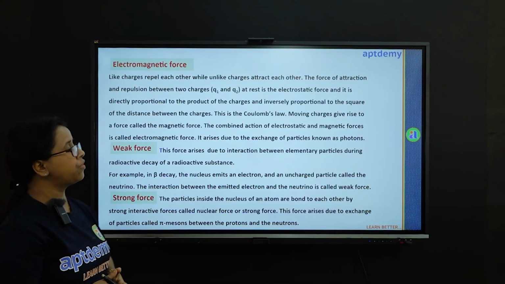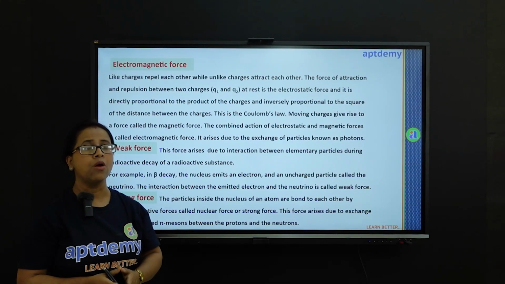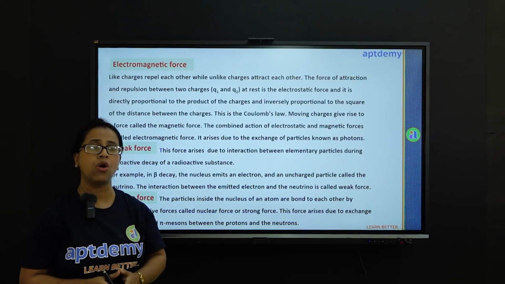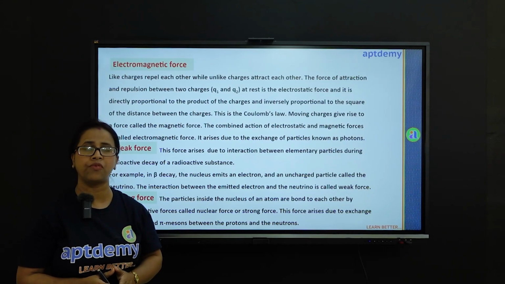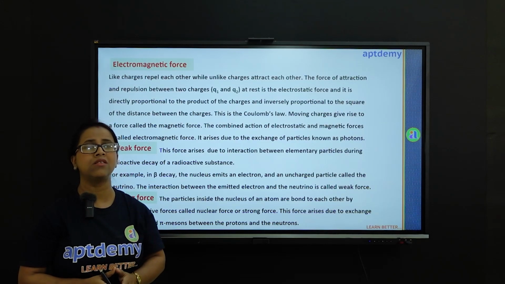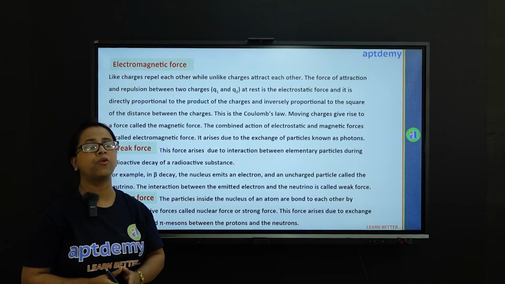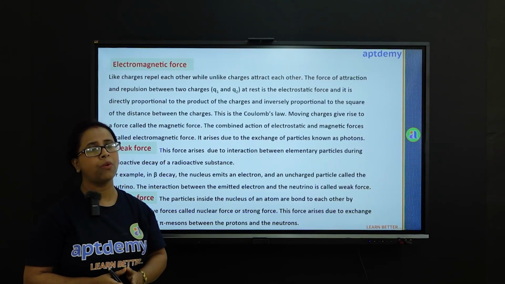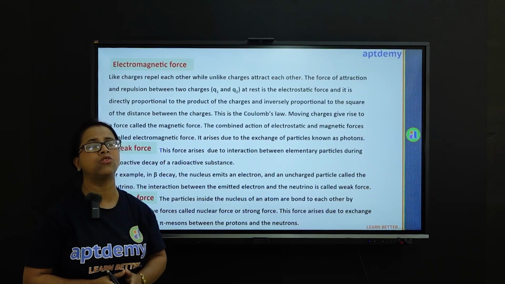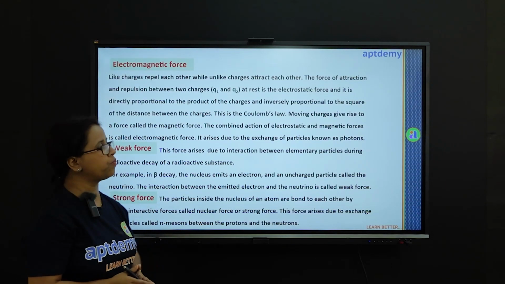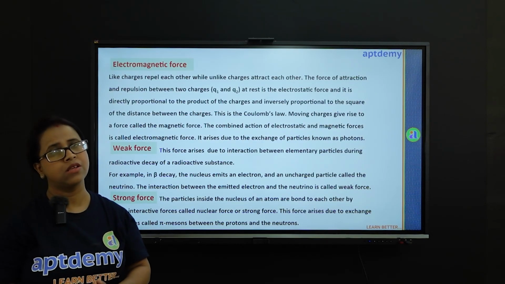Now, this force of attraction or repulsion between any two charges which are at rest is called electrostatic force, and it has been seen that this force is directly proportional to the product of the charges and inversely proportional to the square of the distance between the two charges. Yes, this is the famous Coulomb's law put forward by Sir J.C. Coulomb.